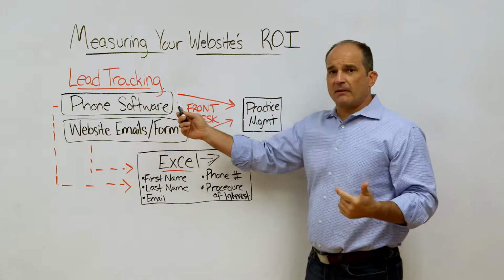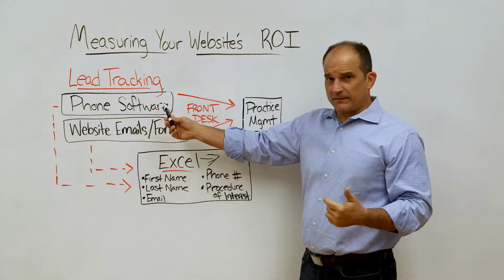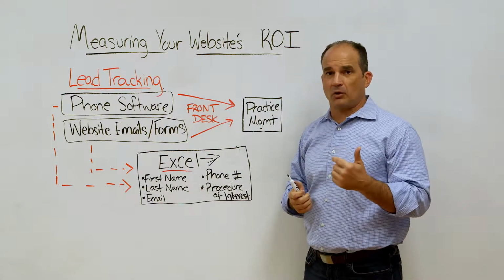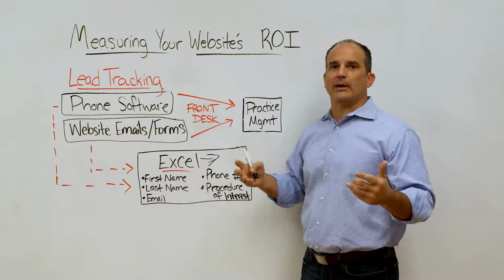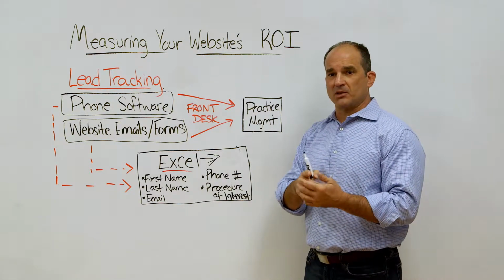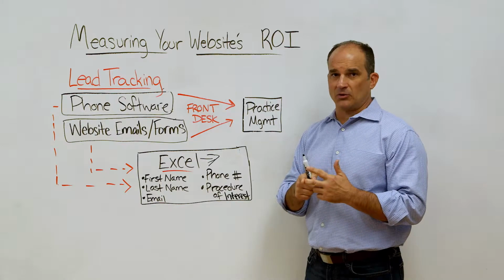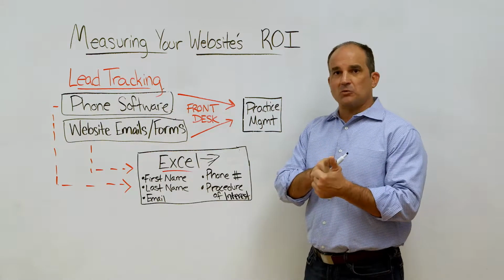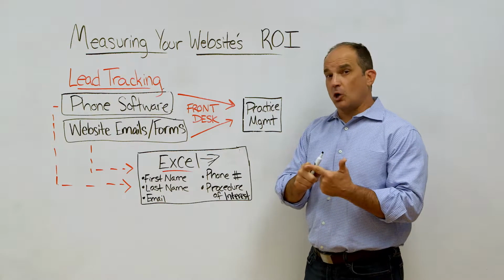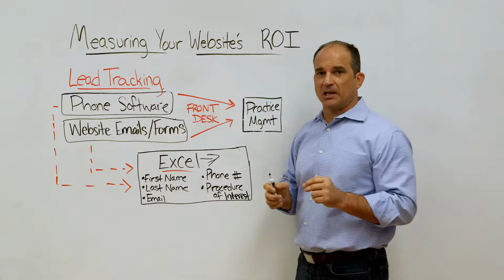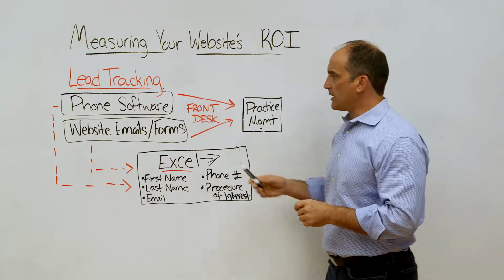In any of these softwares available for phone tracking, you're also going to be able to track where the phone call came from, the consumer that called in. So you're going to have those two pieces of information, and then the date that those calls occurred. That's all you need from your phone software: the phone tracking number, the caller's number that it came in from, and the date of the call. That's going to help you get your ROI, and we'll talk about that in a couple minutes.